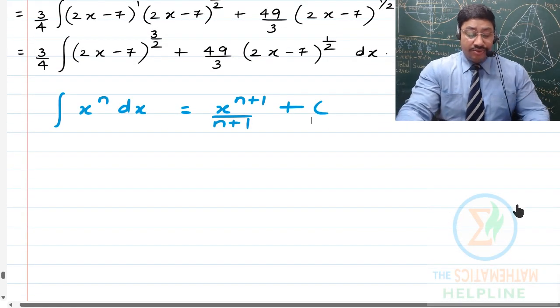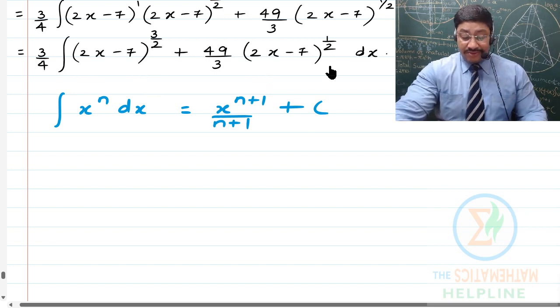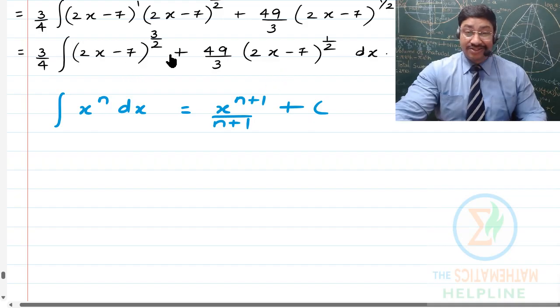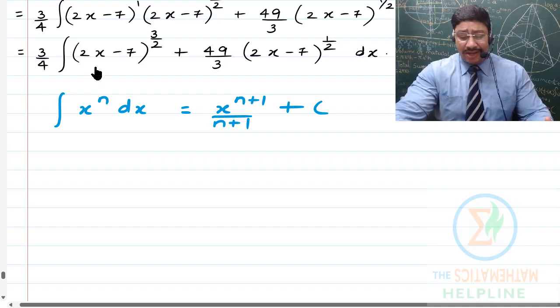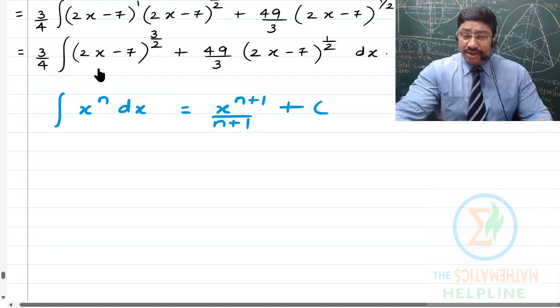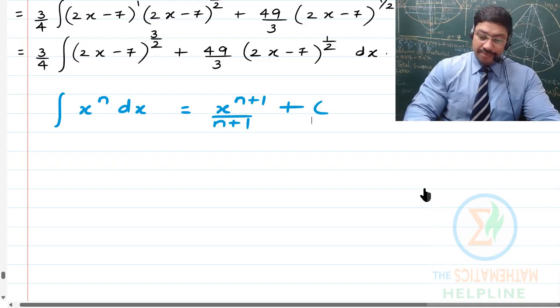So now we're going to use this for this expression as well as for this expression, as both of these are now acting as if they're just like x raised to the power n. But we've got to remember that in this x raised to the power n, like in the example that we've looked at, this is actually an algebraic expression which is linear. So we'll be just dividing by the coefficient of x, and that's it. And then we'll just treat it like x raised to the power n.